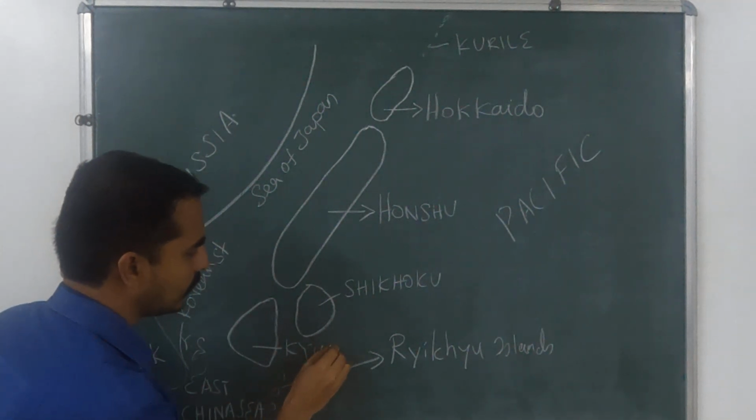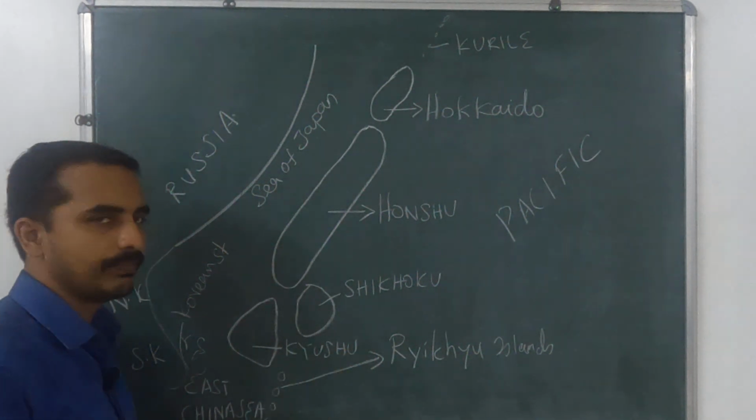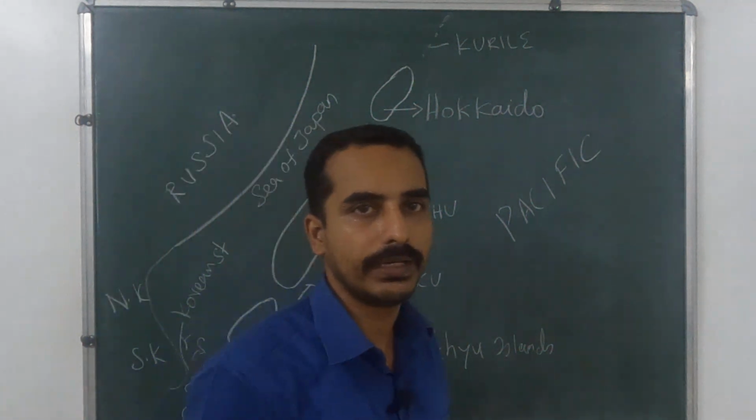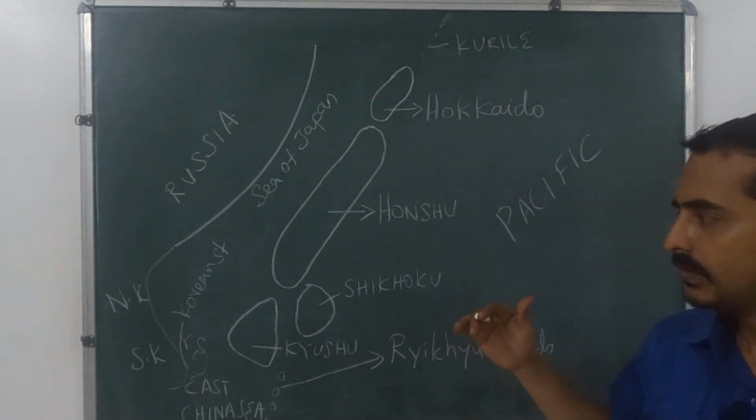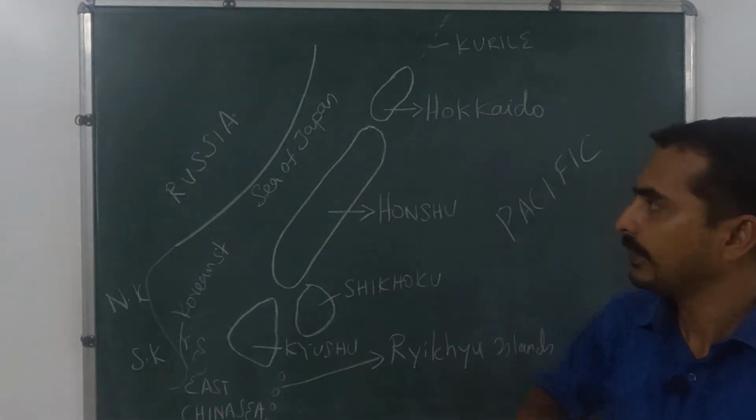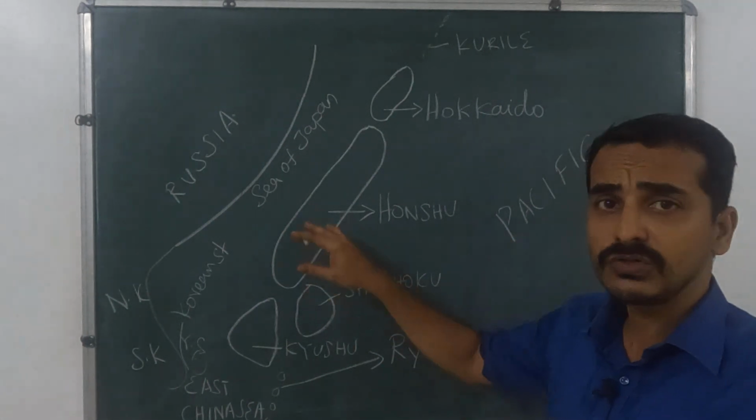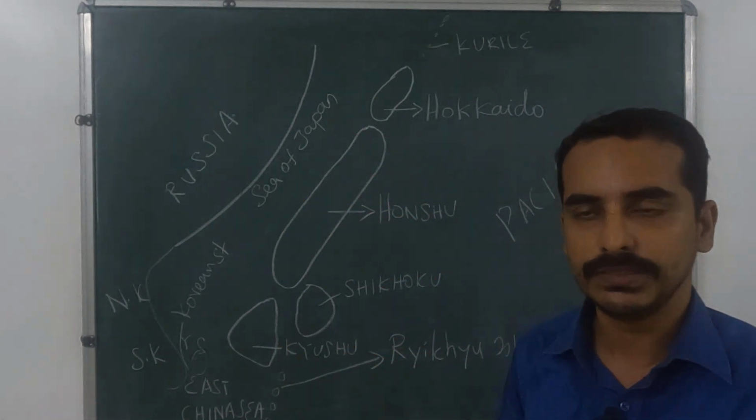So these four are the major islands of Japan. In north to south arrangement: Hokkaido, Honshu, Shikoku, Kyushu. And the Honshu Island part has many major cities of Japan.